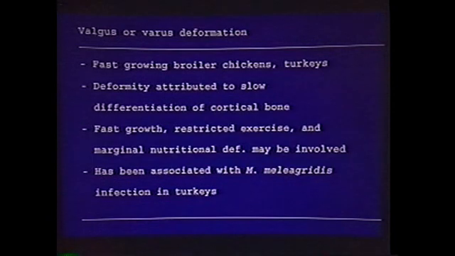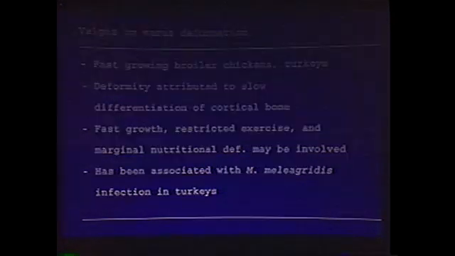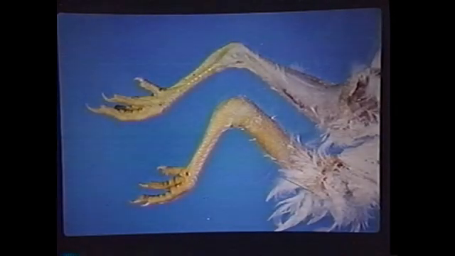And Mycoplasma meleagridis infection, especially in turkeys, has been associated with this problem too. The theory is that Mycoplasma meleagridis will deplete the bird of these essential nutrients and make them marginal or deficient, and predispose the bird to crooked legs.